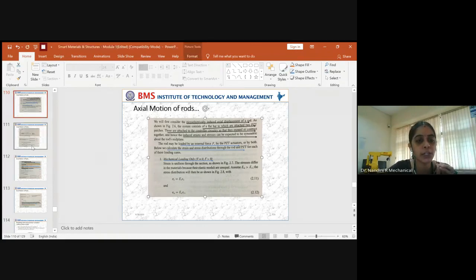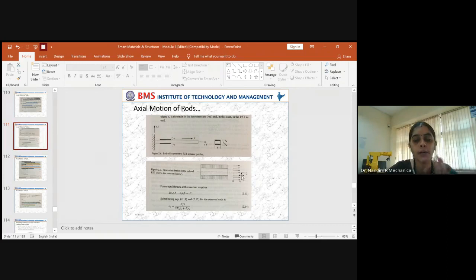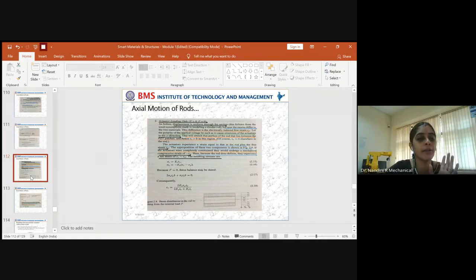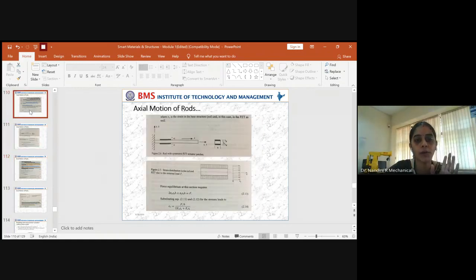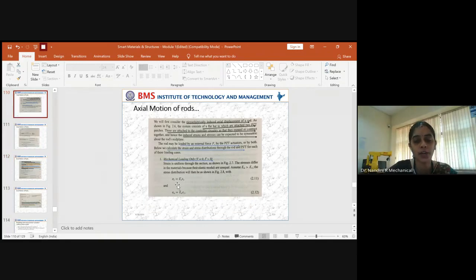Even though the strain distribution is uniform across the given rod and the piezo patch, you will be showing the variation in the equations we evaluate for the stress across the substrate and the stress across the actuator. Similarly, the stress across the actuator will be equal to the elastic modulus of the actuator times the strain which has been generated across the substrate.